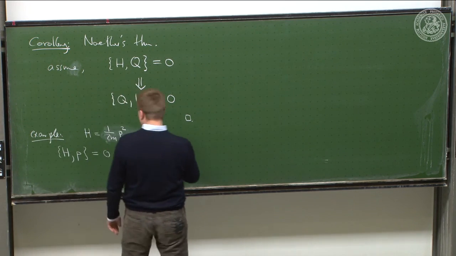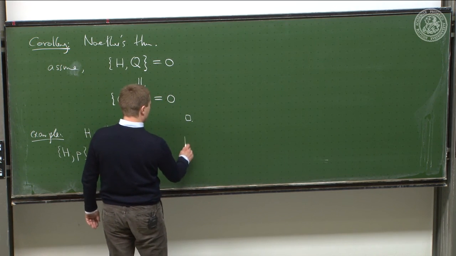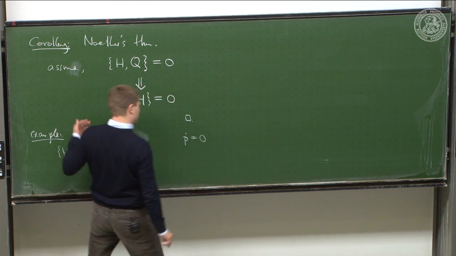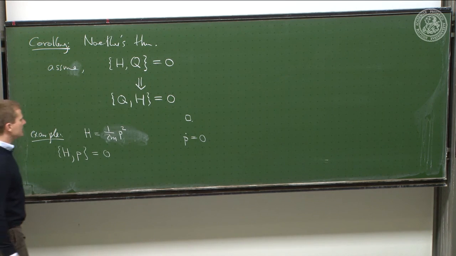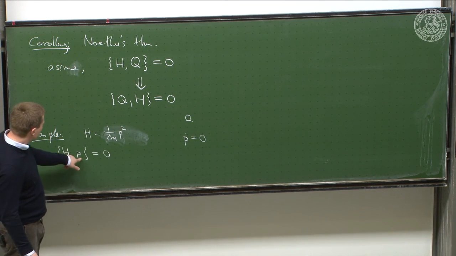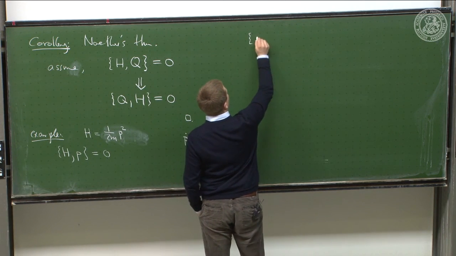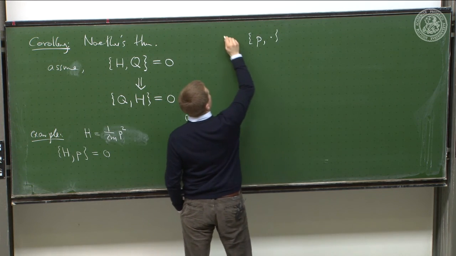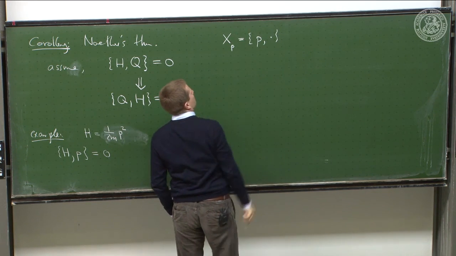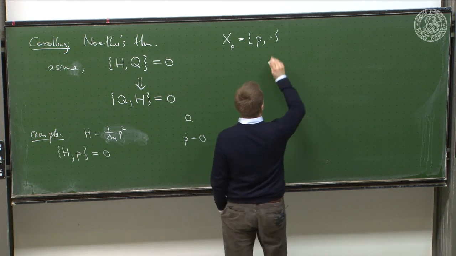And that means that p doesn't change in time. It means p dot, if I consider a curve, is 0. It doesn't change in time. However, you can also see that H is p conserved, and I would like to write down what the p conservation means. So there is this associated Hamiltonian vector field.